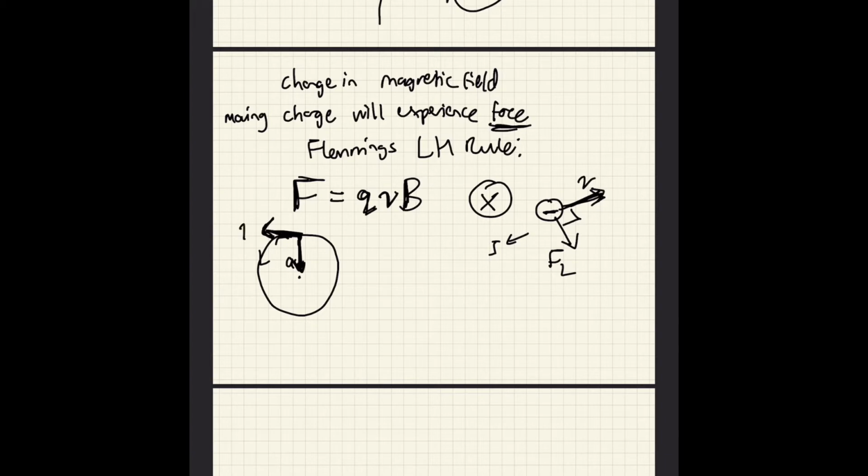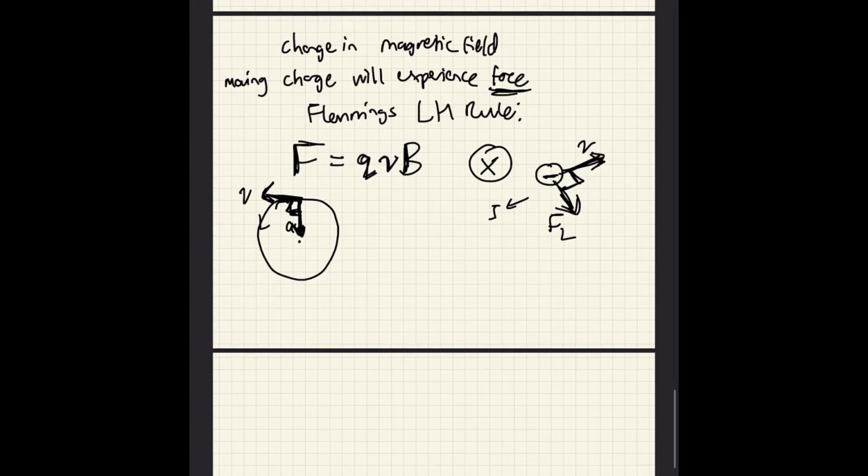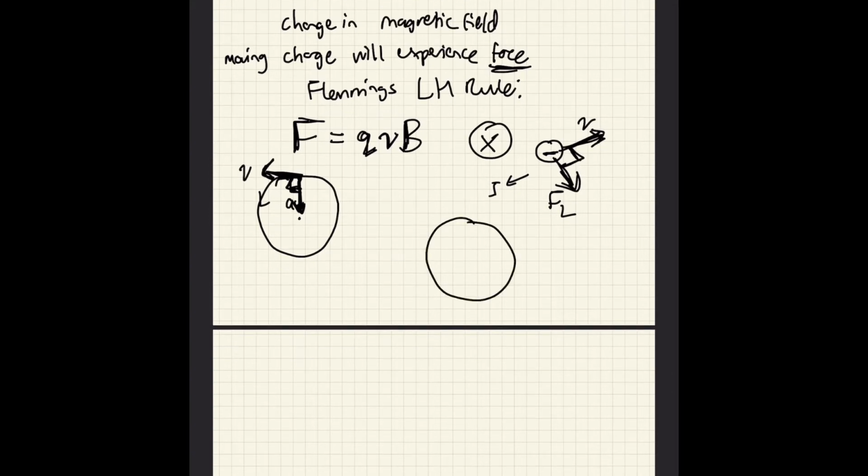And the velocity is tangent to the circle, right? Because that's the direction it's moving. And so the force here is perpendicular to the velocity. And so that means this will cause the electron to go in a circle. Okay, it will go in a circle.